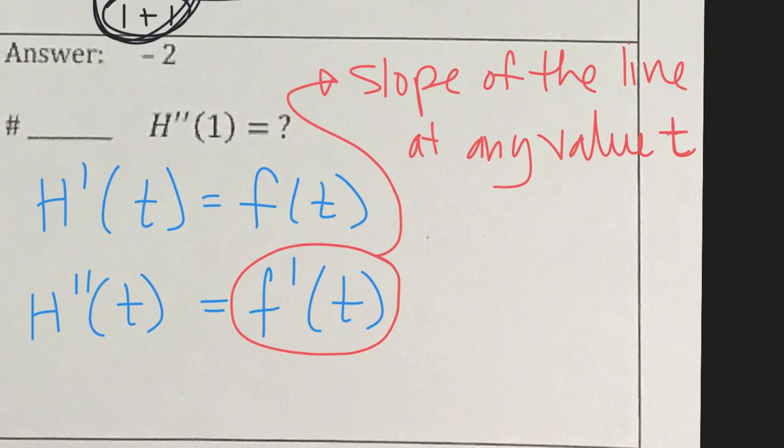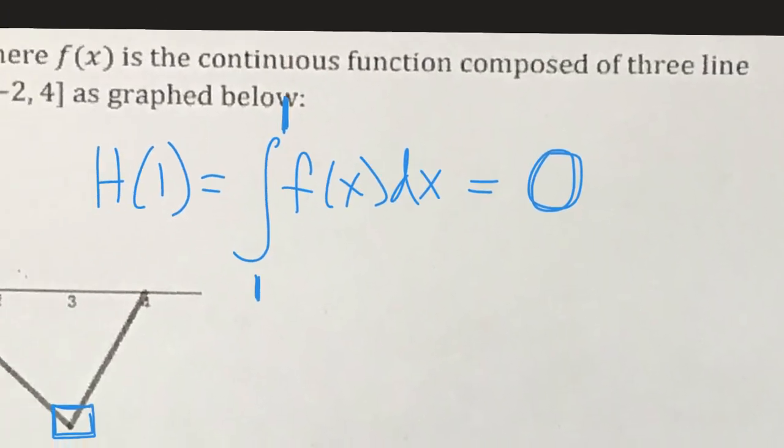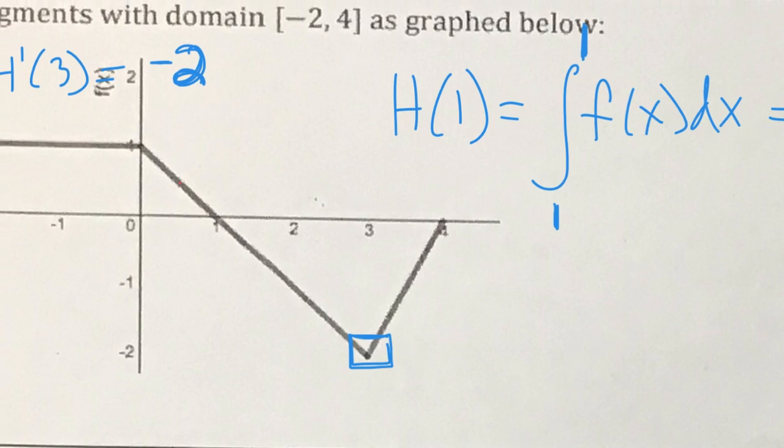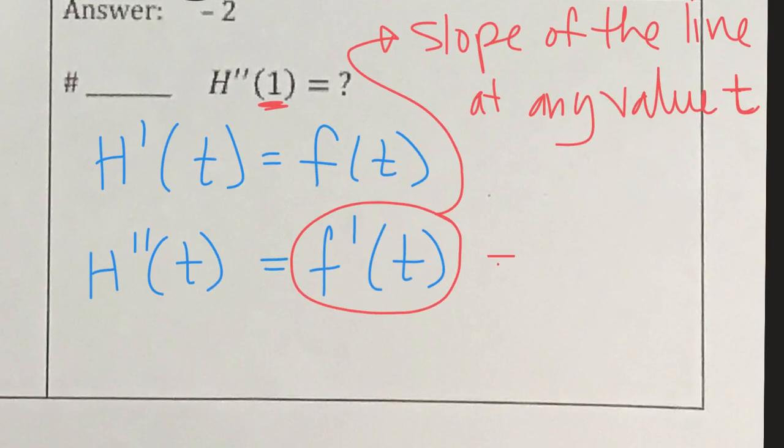So if we're trying to find h double prime at 1, we come up to where x is 1 and we find the slope of this line. What is the slope of the line at 1? Looks like that slope is negative 1, because you do y2 minus y1.